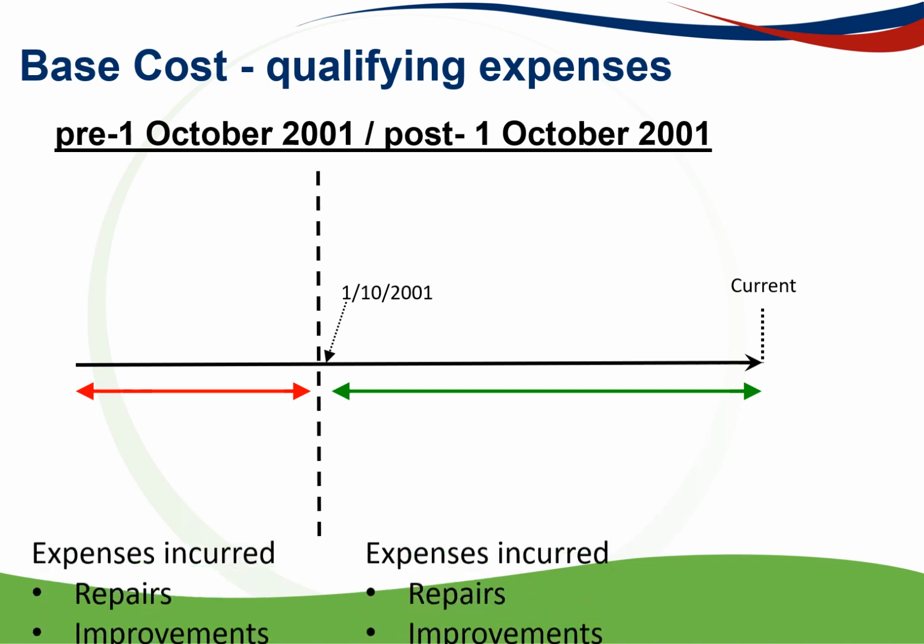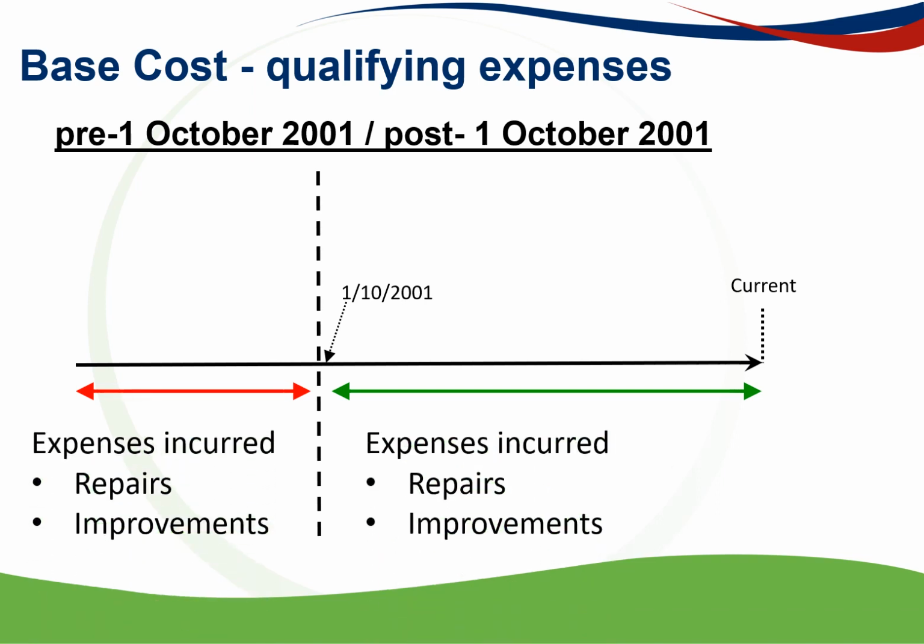Base cost qualifying expenses. For assets purchased pre-1 October 2001, the expenses incurred, for example, repairs or improvements, will be disallowed and have no impact because you will have to use the valuation date value, which will either be the market value, time apportionment base cost, 20% rule, or other exception that we will look at.